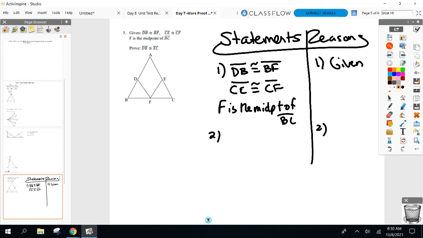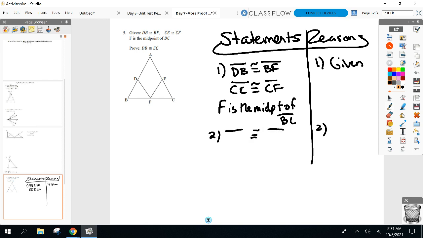BC, and that is the only one, correct? Why am I asking? Because you can't use halves of equal quantities unless you're cutting 2 segments or 2 angles in half, and I am not. So this is not a halves of equal quantities problem, because I'm only cutting BC in half. Not only am I cutting BC in half, it's making it into 2 congruent segments.